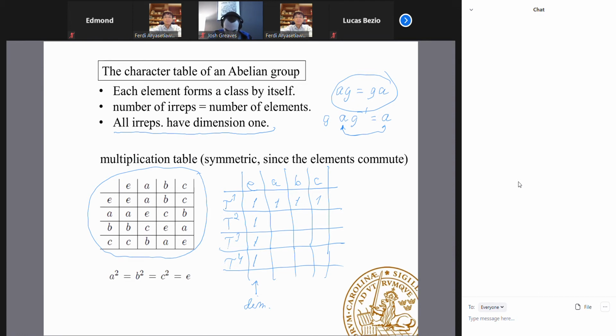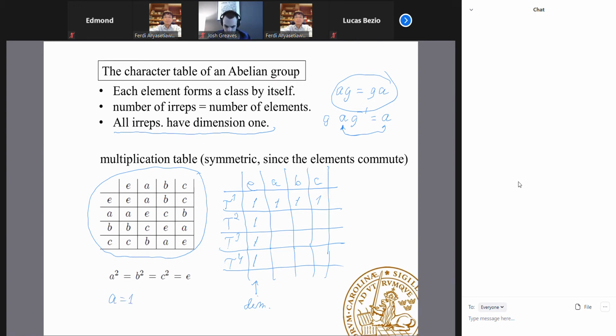So now we just have to fill in the rest of the characters. So a squared is equal to b squared equal to c squared is equal to e. So that would imply that we can only have a or b and c and so on equal to plus or minus 1.